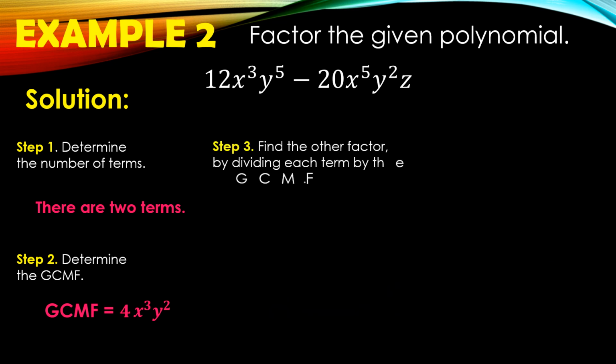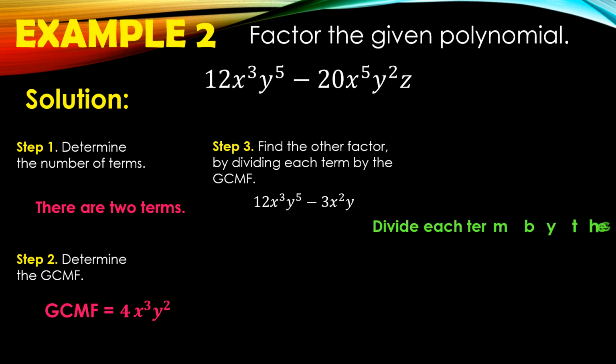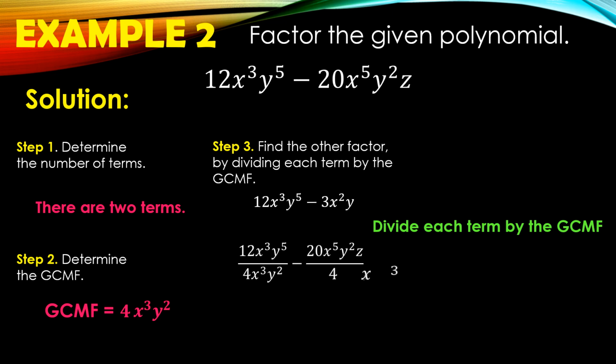Step 3. Find the other factor by dividing each term by the GCMF. So again, write down the given polynomial and divide each term by the GCMF. Write down the following and divide it by 4x cubed y squared. Cancel out the common factors.